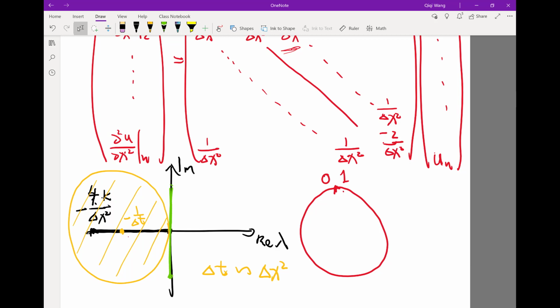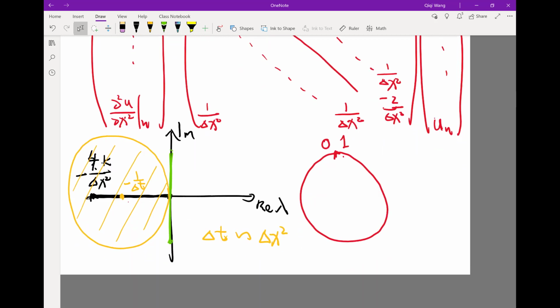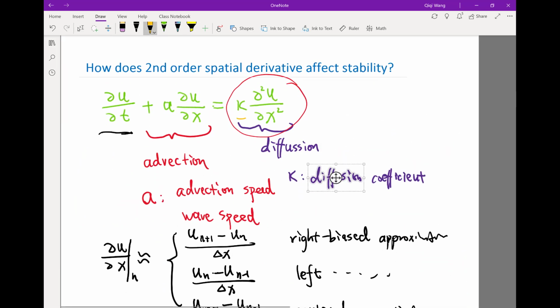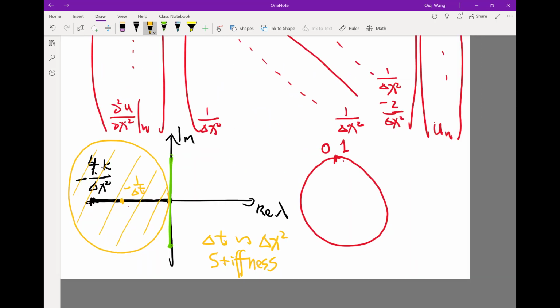A high order spatial derivative is going to give you a very stiff equation to solve. Stiffness comes in when kappa is not so small; if kappa is much smaller than A, you would be okay.